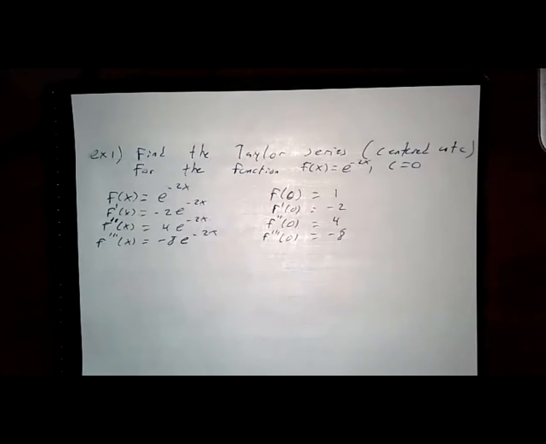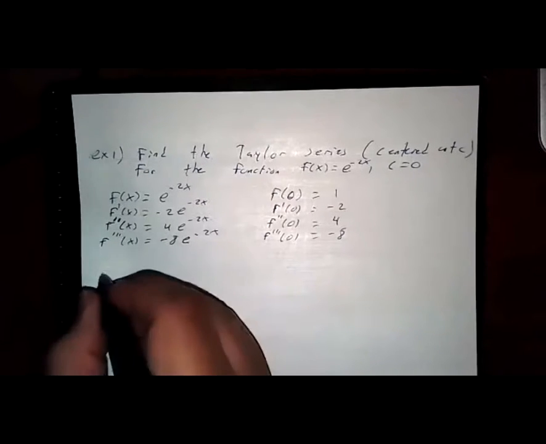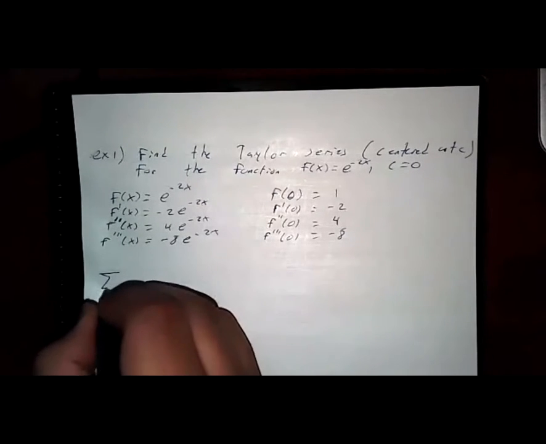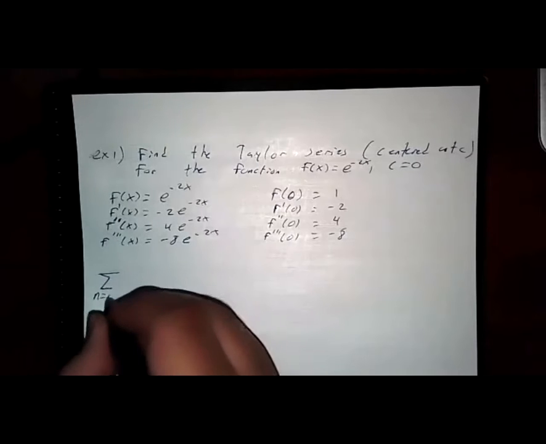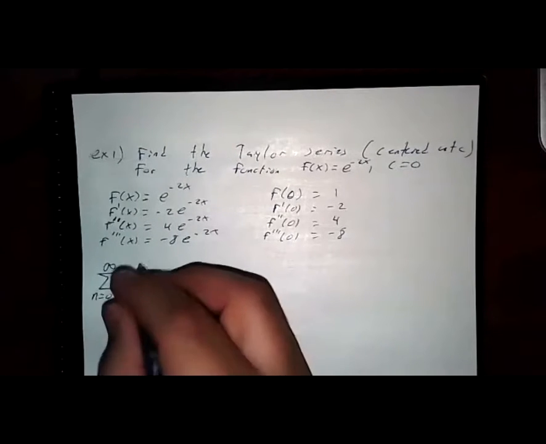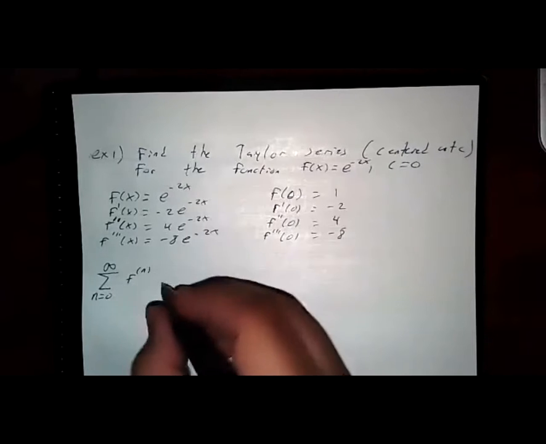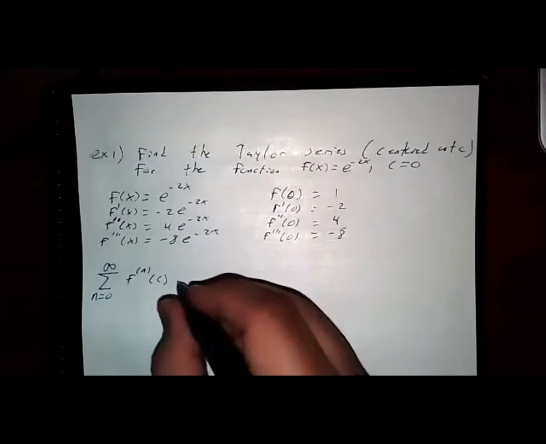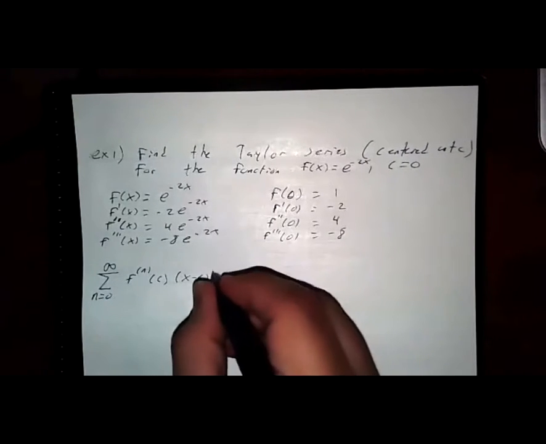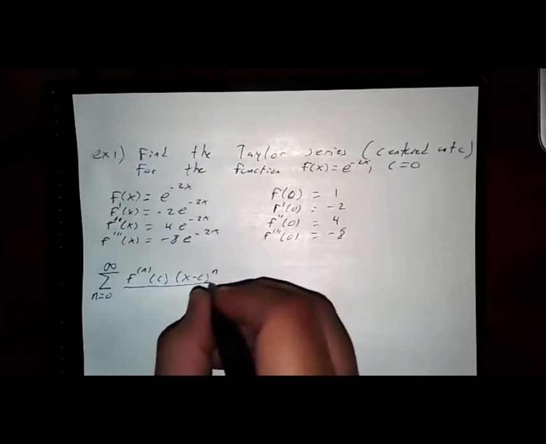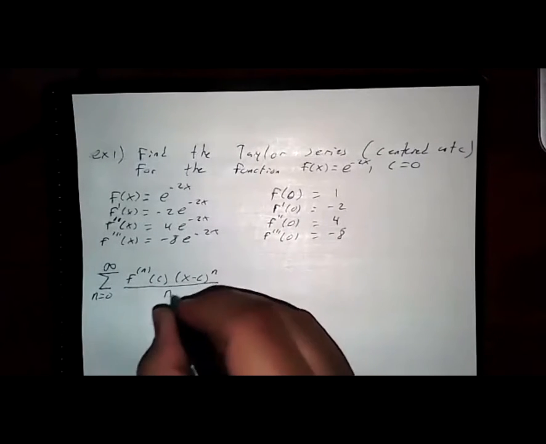Let's use the formula, this Taylor series expansion: the sum from n equals 0 to infinity of f to the n at c times x minus c to the n over n factorial.